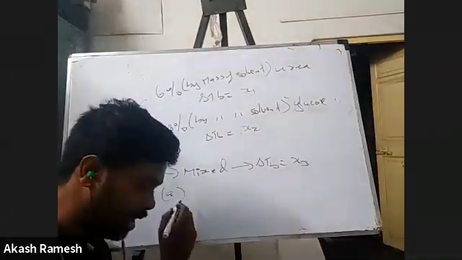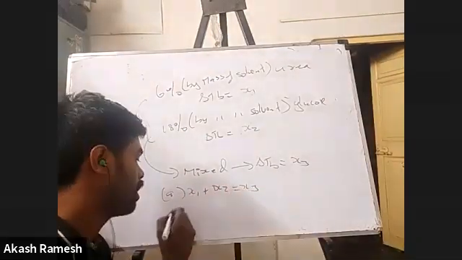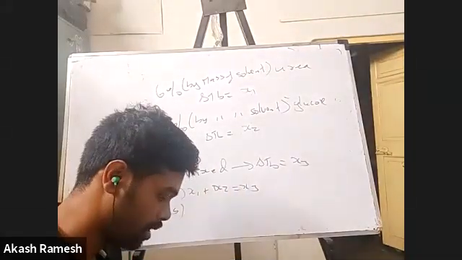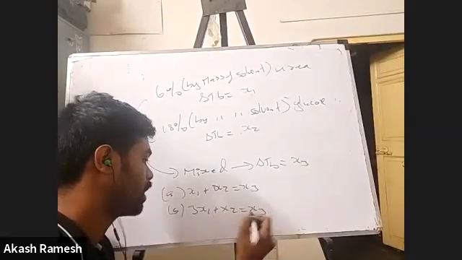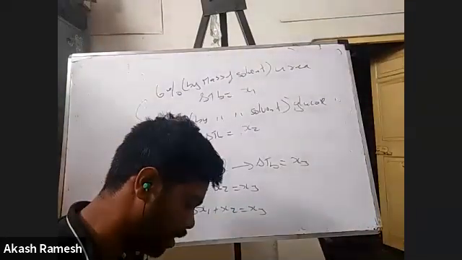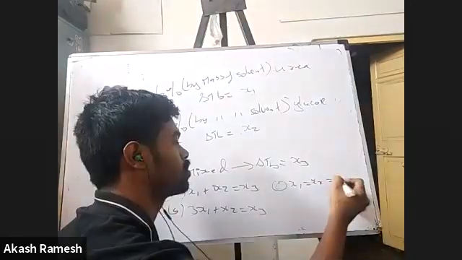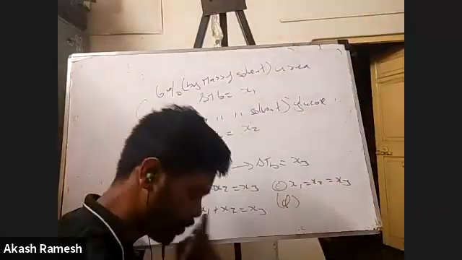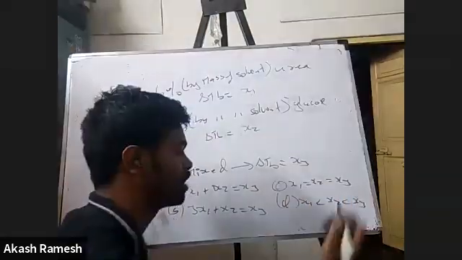Option A is x1 plus x2 is equal to x3. Option B is 3x1 plus x2 is equal to x3. Option C is x1 equal to x2 equal to x3. Option D is x1 less than x2 less than x3.